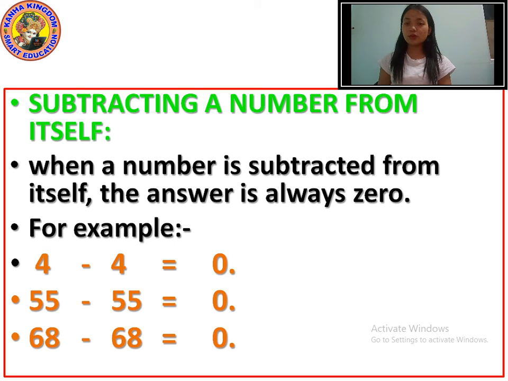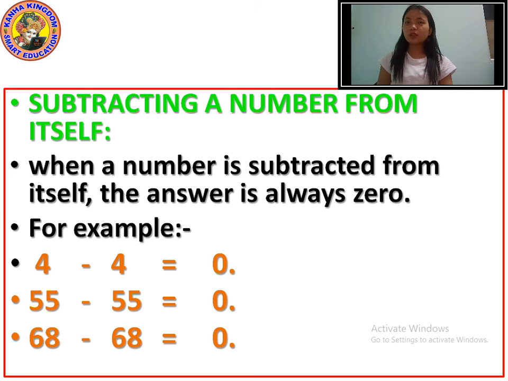It means 0, right? When a number is subtracted from itself, the answer is always 0. Okay student, this is an example of the third property, subtracting a number from itself.